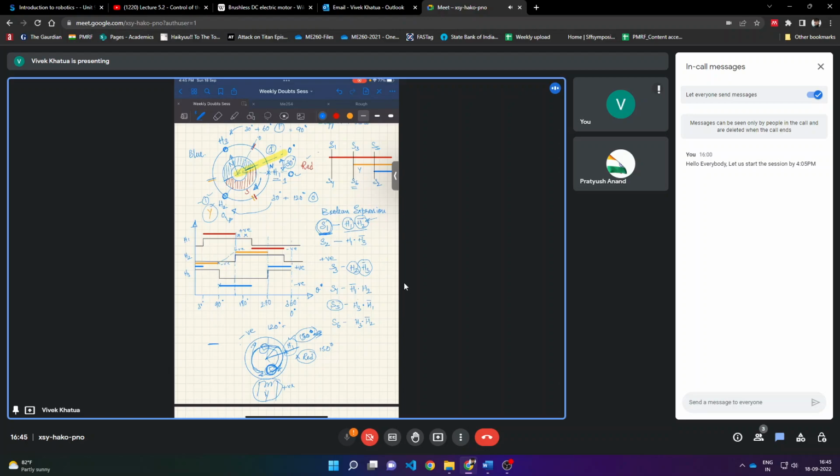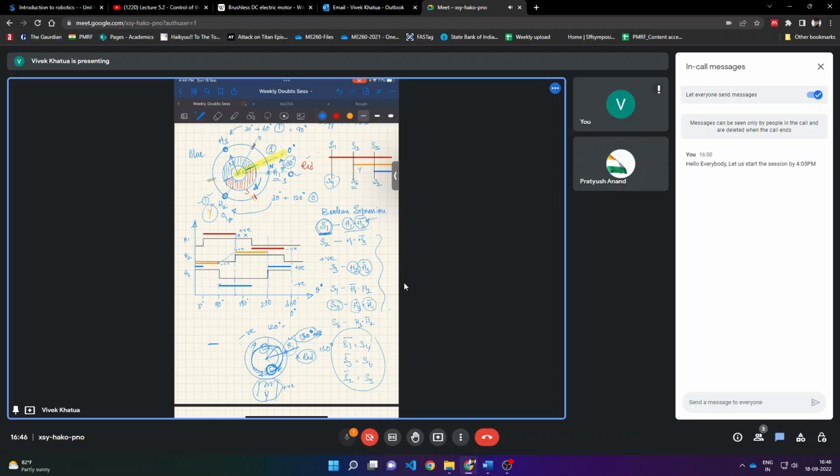It is at H3 and it needs to go to H1 bar. And how would you get the negative leg? You do S1 bar is equal to S4, S3 bar is equal to S6, S2 bar is equal to S5. So this is how you will get the entire expression.